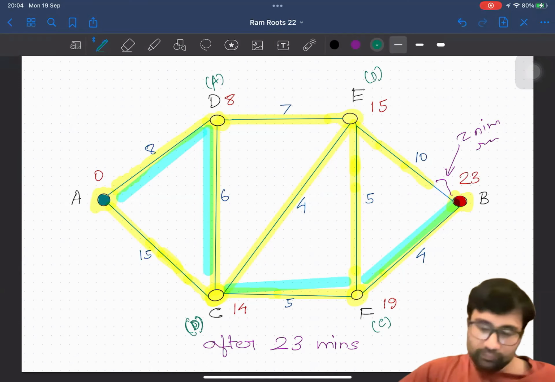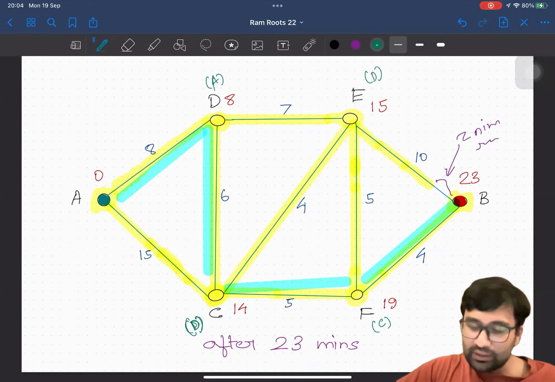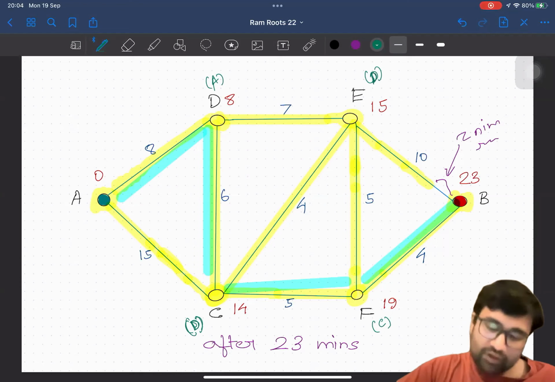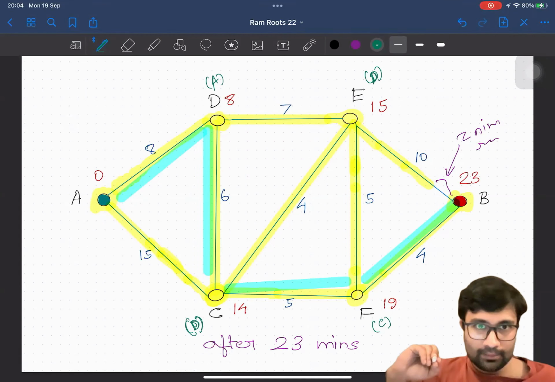Right? Now, another minute passes, the 15th minute, the fire also reaches E from D, right? So E also remembers that I got my fire from D. Yes, sir.